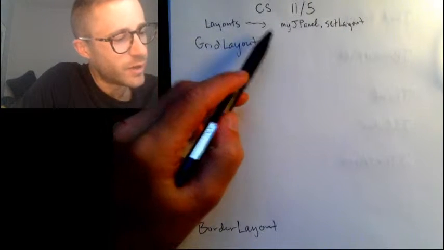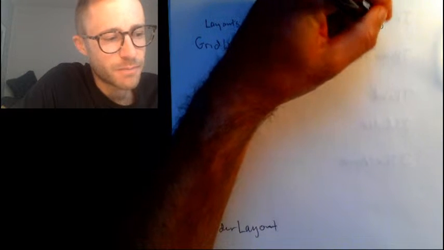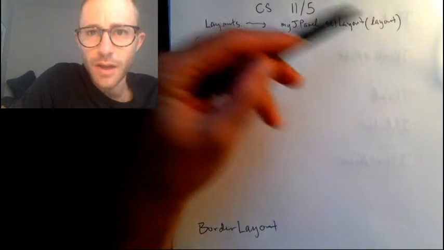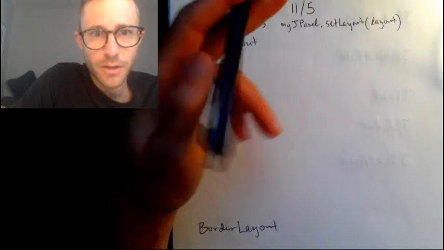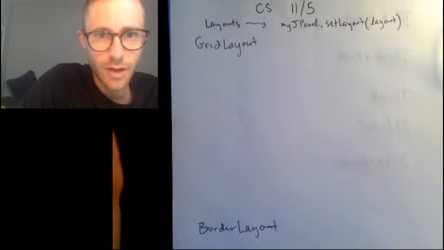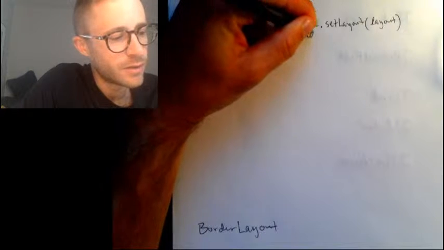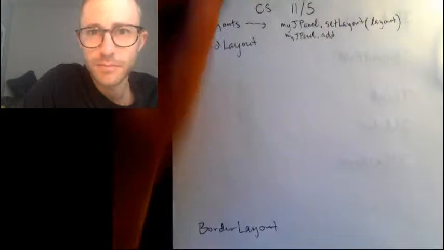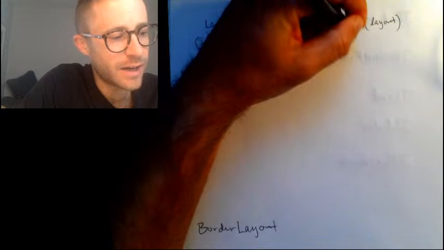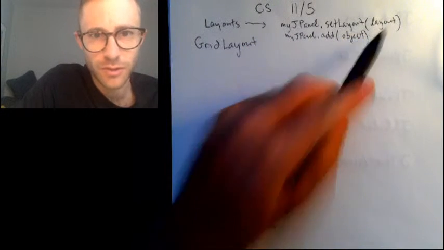So you would say myJPanel.setLayout, and then you have your layout. Then based on your layout, you can add objects to it. For example, you would say myJPanel.add some object. So you're adding it into the JPanel, and it's going to add according to this layout.